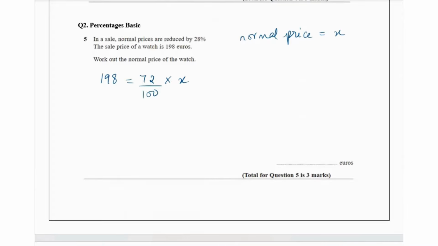So if we're taking away 28% of the normal price, that leaves us with 72% of the normal price. And that 72% is 198. So 198 times 100 divided by 72 equals X, which is going to give us 275 euros. So that is your normal price.